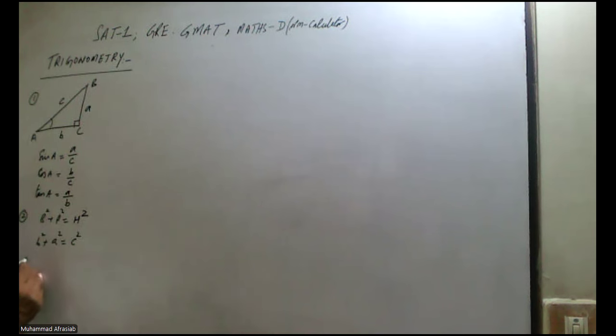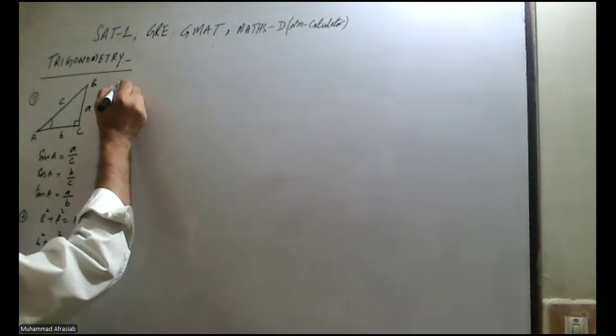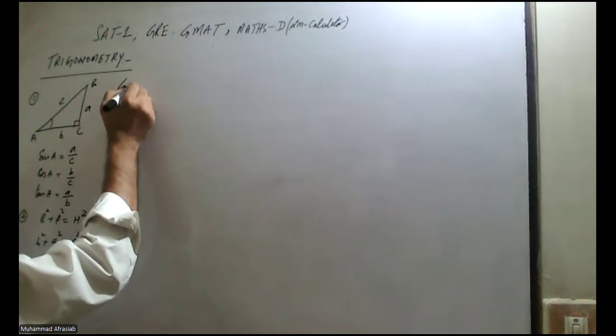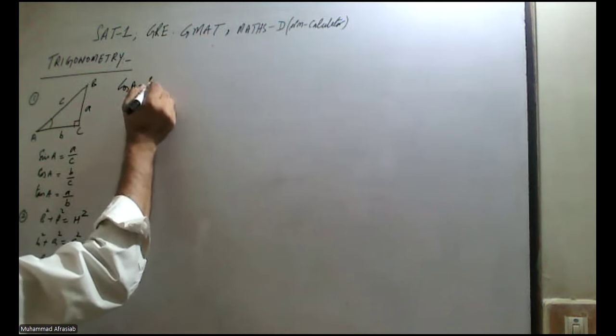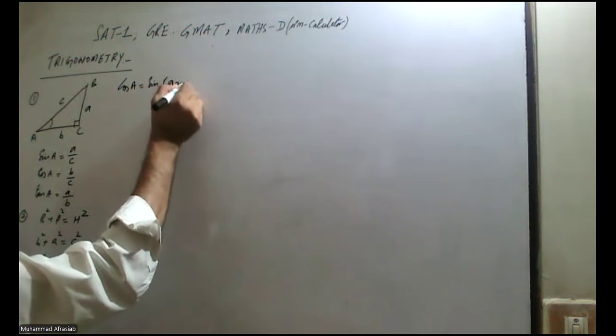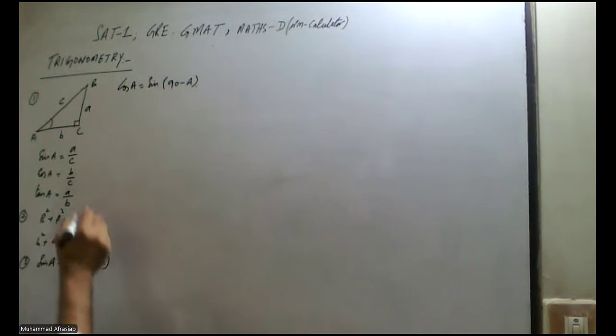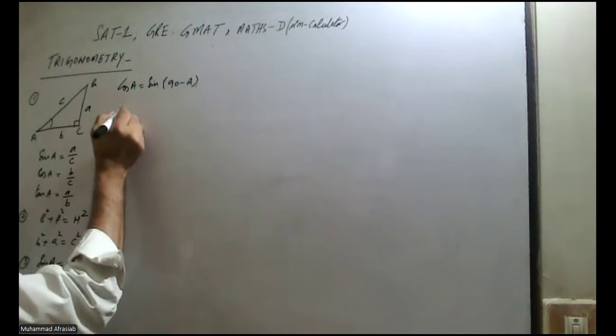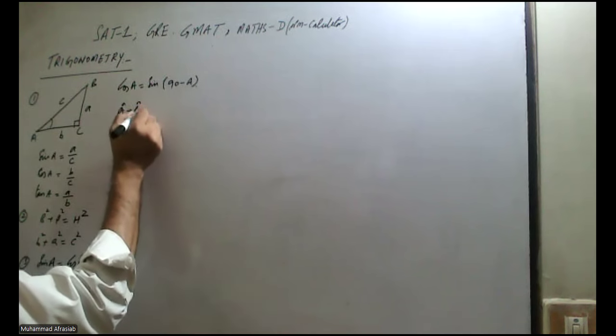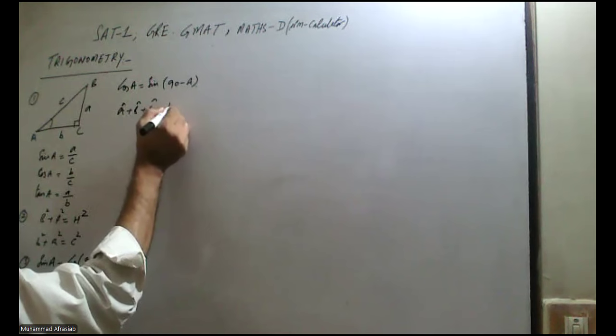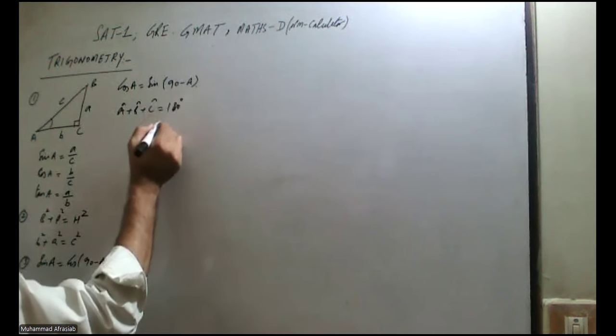Then for the third one, sine of A is equal to cos of 90 minus A, and cos of A is equal to sine of 90 minus A. We know that angle A plus angle B plus angle C is equal to 180 degrees.